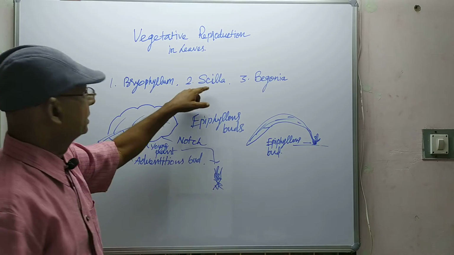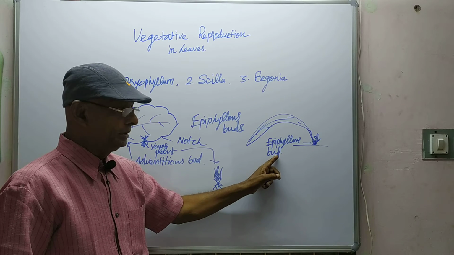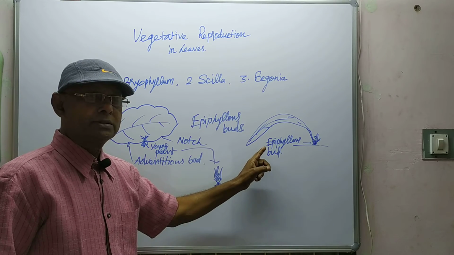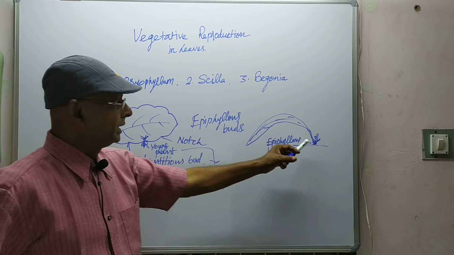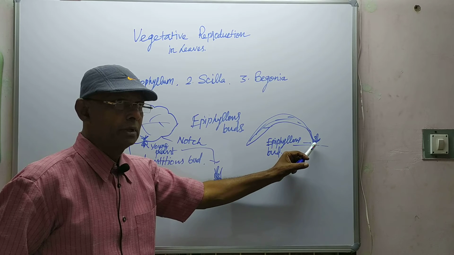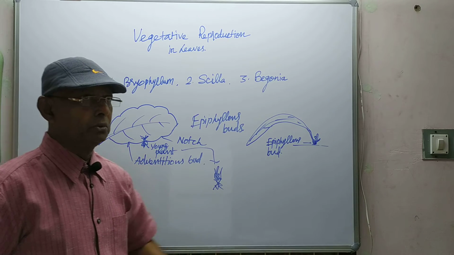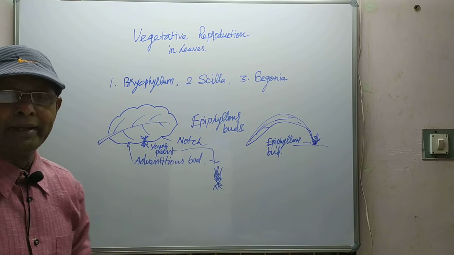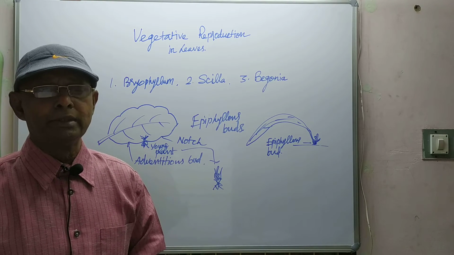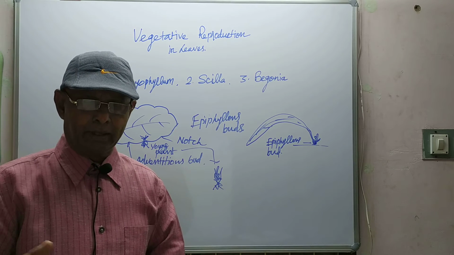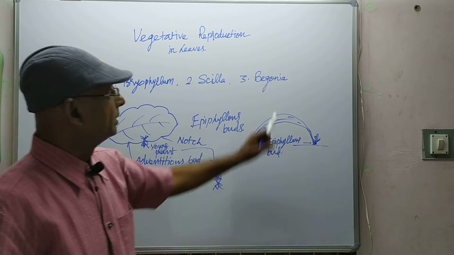Here the leaf is very long and narrow. At the tip of the leaf, a new plant may be produced when the tip touches the soil. Scilla is a bulbous plant, a bulb producing plant. Its main characteristic feature is that it has narrow and long leaves.